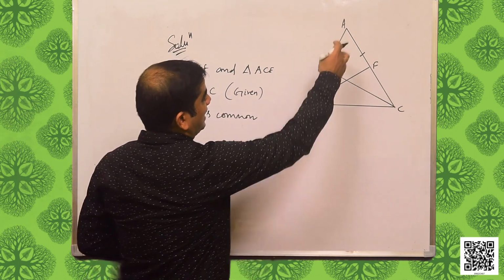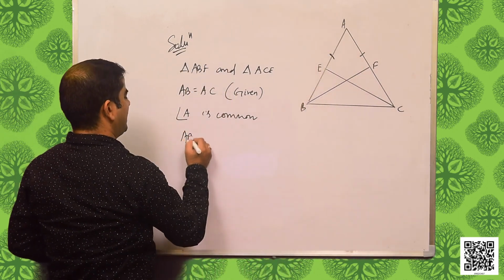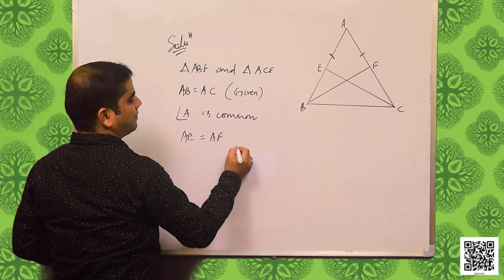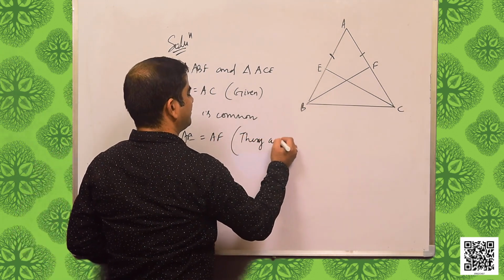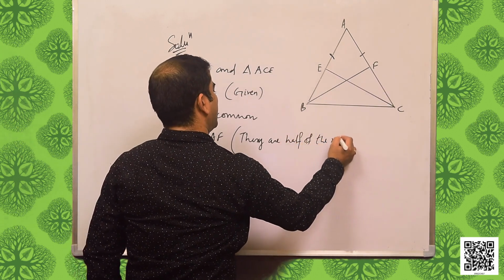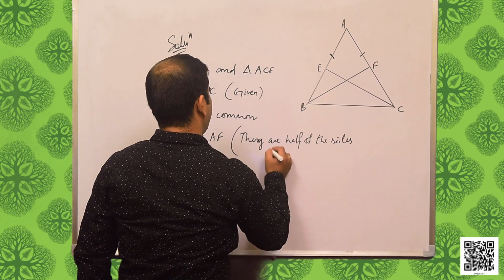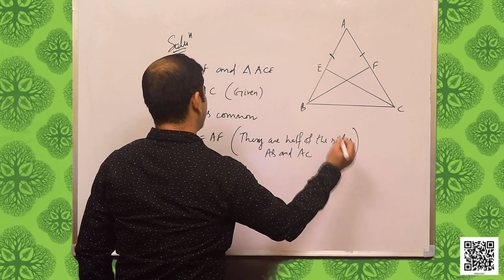That AE is equal to AF. AE is equal to AF because they are half of the sides AB and AC. Fine.